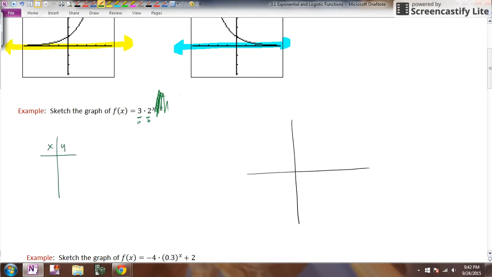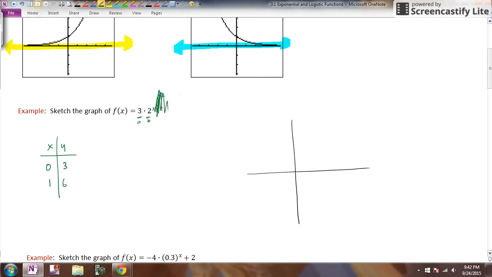The 2 best points to plug in would be when x is 0. If x is 0, you get 2 to the 0 power is 1, and 1 times 3 is 3. And that's why you always go through the point (0, a). Then you might want to test the point (1, something). So 2 times 3 is 6.